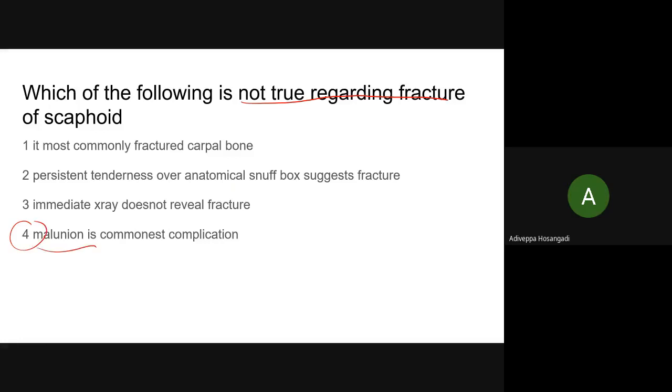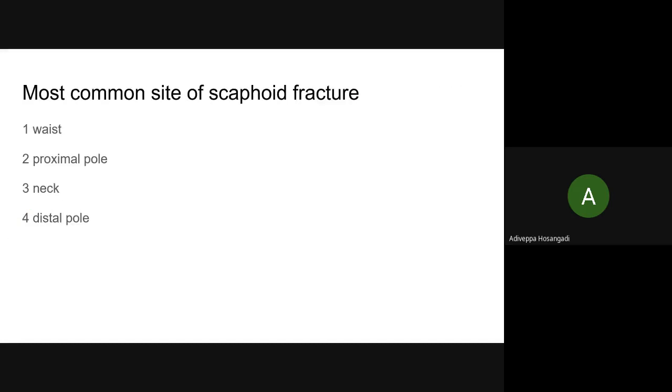It is not malunion; non-union is more common. Do we have to discuss the choices? It is a no-brainer, I have explained it just now. Right. Most common site of a scaphoid fracture? Waist. Very good.